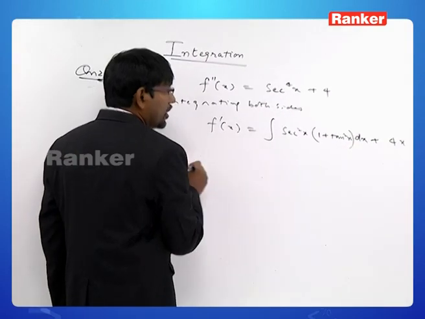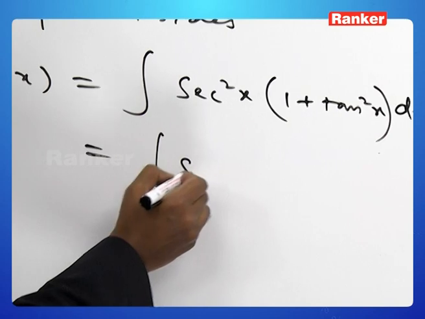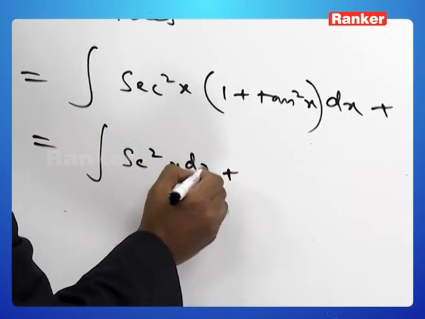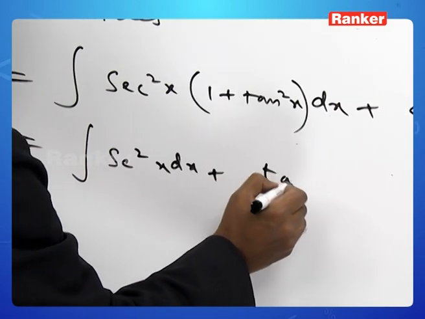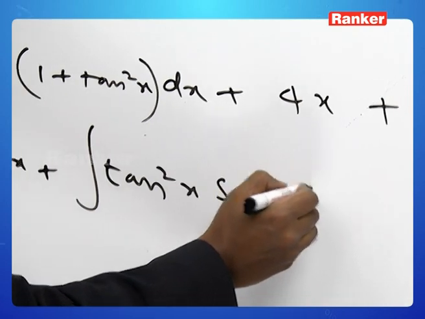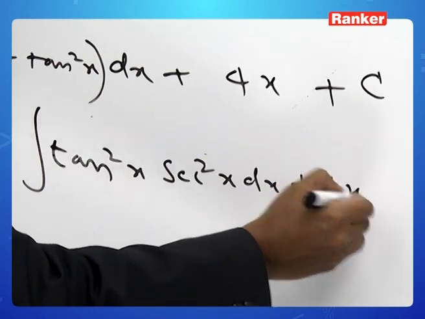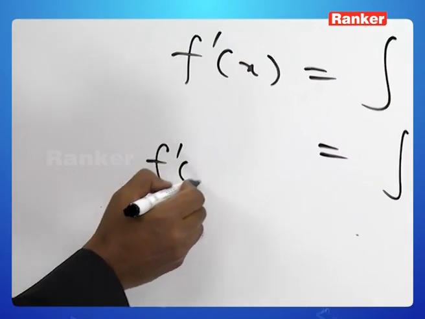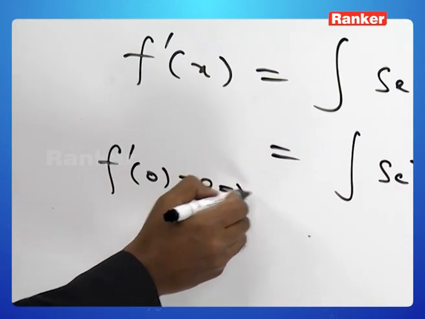But then we can write this as the integral of secant square x plus, splitting it, tan square x into secant square x dx, plus 4x. That c has to be 0 because f dash of 0 is 0, which implies c is 0.